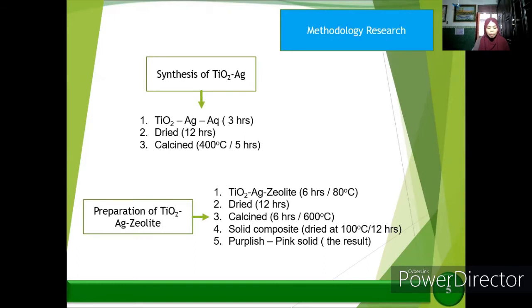The solid composite was dried at 100 degrees Celsius for 12 hours. It changed color to pale pink, which proves that the silver precursor has been successfully reduced and deposited on the surface of TiO2, because silver at the nanoparticle size would be purplish pink.